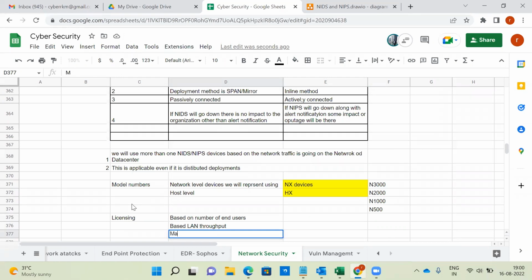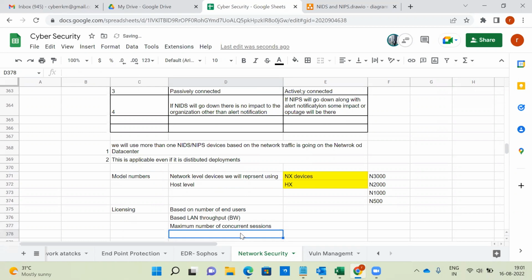Next one, maximum bandwidth. Yes, you are right, based on LAN throughput means bandwidth. For example 10 gig, 100 gig, and so on. Then the maximum number of concurrent sessions.